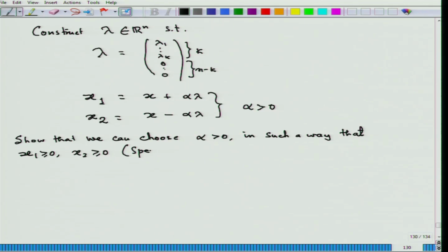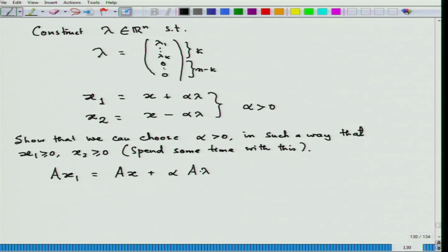Spend some time with this. It is a good exercise. Now, let us see what A x1 is. x1, I have got it to be greater than or equal to 0, is x plus alpha lambda, so A x plus alpha A lambda.